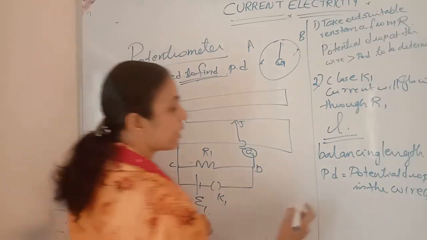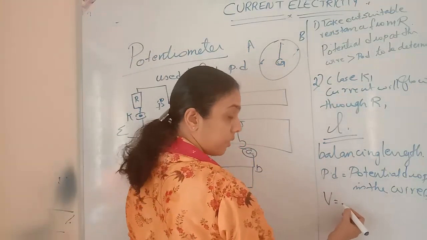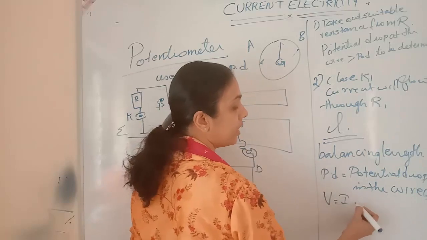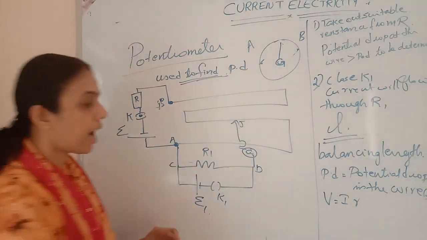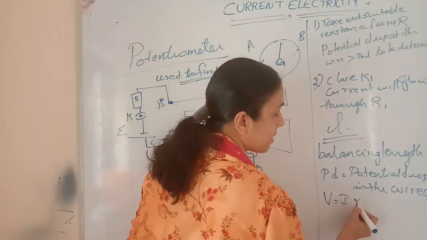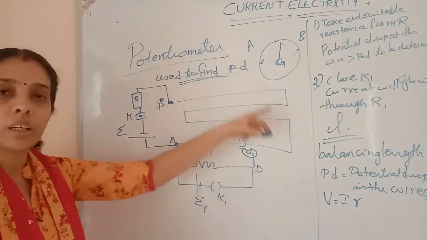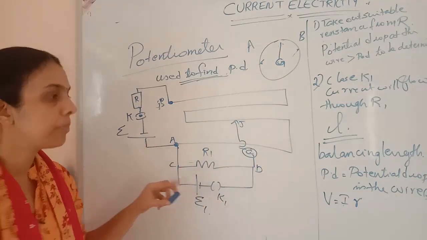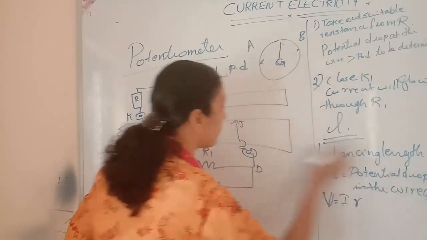So how can we find that? V, the potential drop across the length of the wire, equals I into r. What is this small r? Small r represents the resistance of the potentiometer wire. And V is the potential drop in the wire.